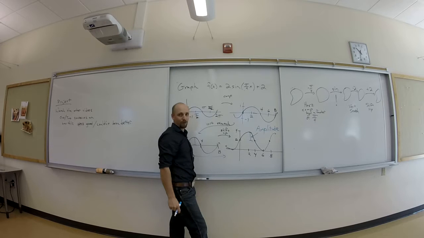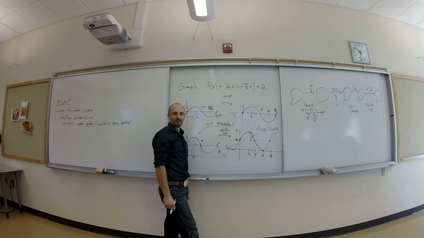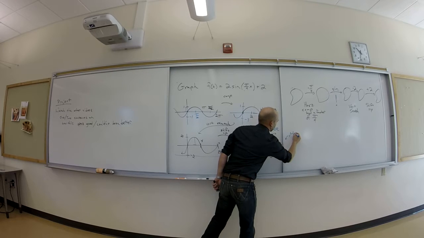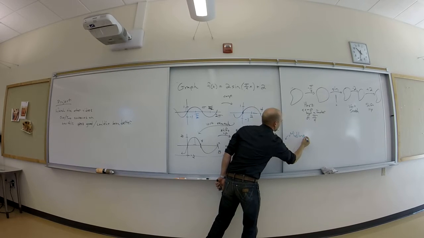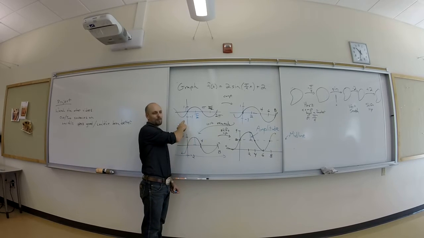Okay, now, to even talk about the amplitude, I probably should talk about the other thing that's happening here. There's this midline. Yeah, that spot it's oscillating around, right? That's the midline. So here at the beginning, my amplitude was 1 and my midline was 0.